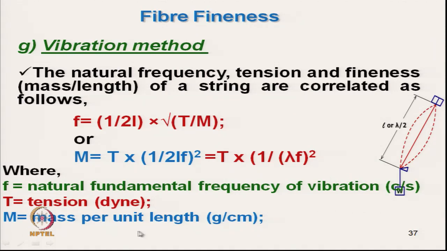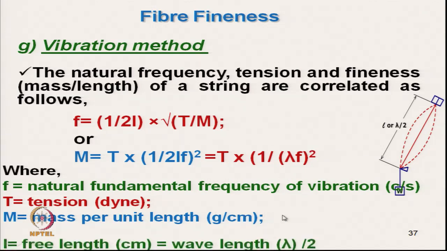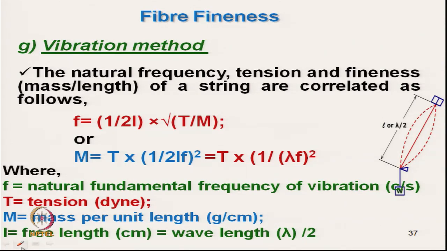Mass per unit length is in gram per centimeter, and L is the free length in centimeter, and the wavelength is lambda by 2. So you can convert it in terms of wavelength also.